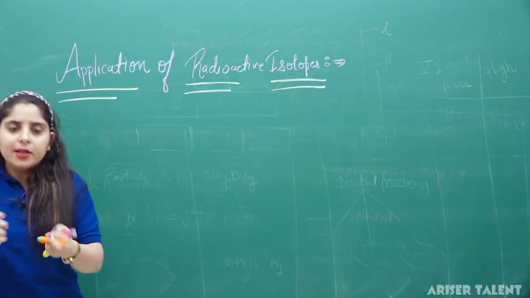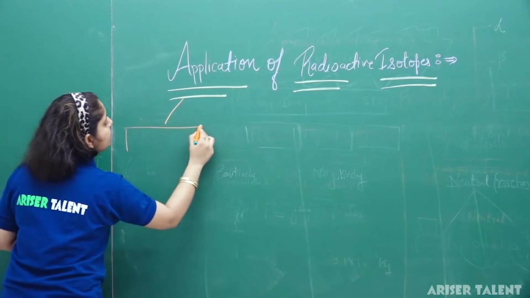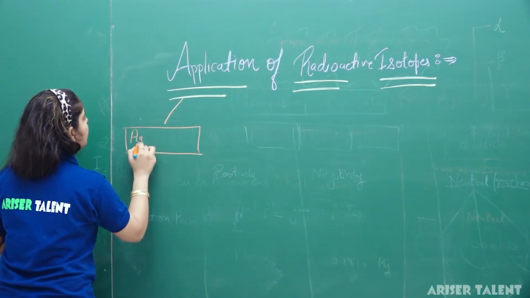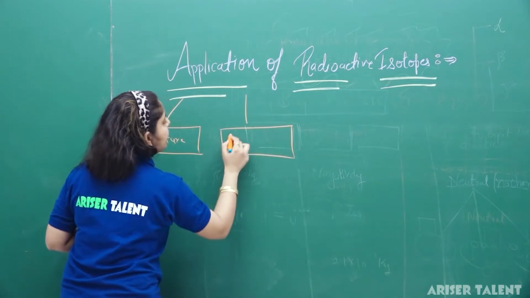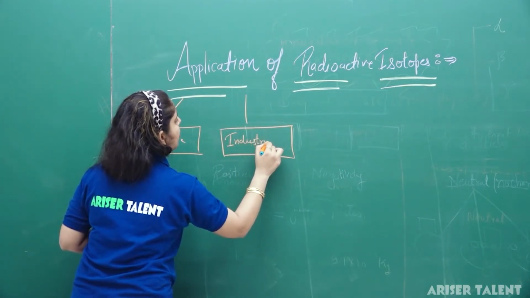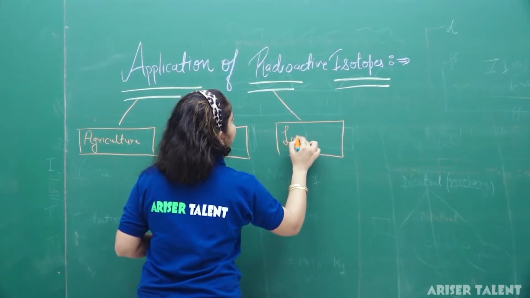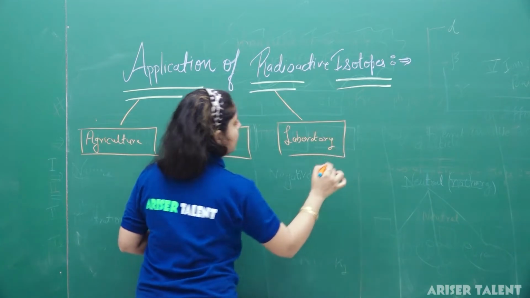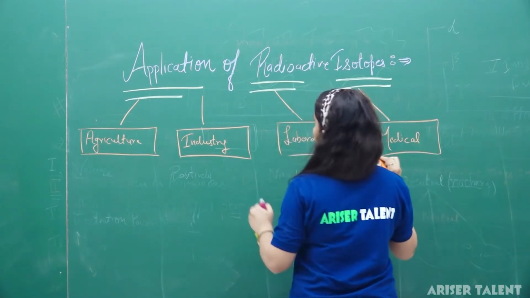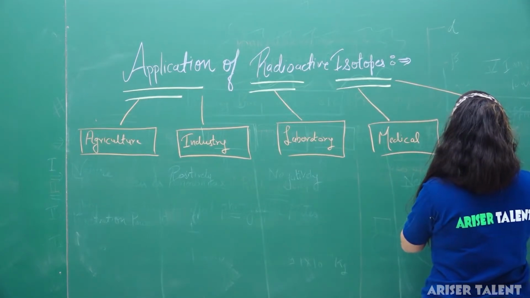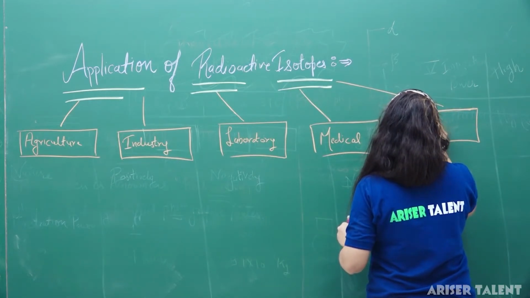In our day-to-day life, radioactive isotopes have many applications, and these applications are basically, first, in the field of agriculture; second, in the field of industry; third, in laboratories; fourth, in the field of medical; and fifth, archaeology.